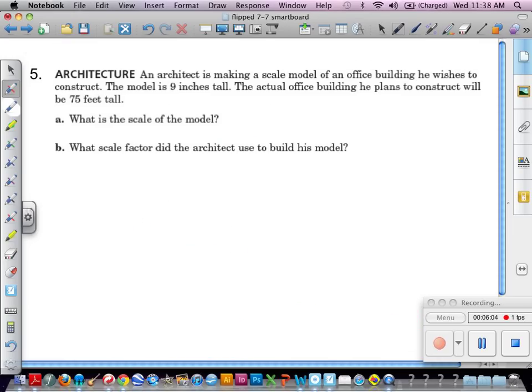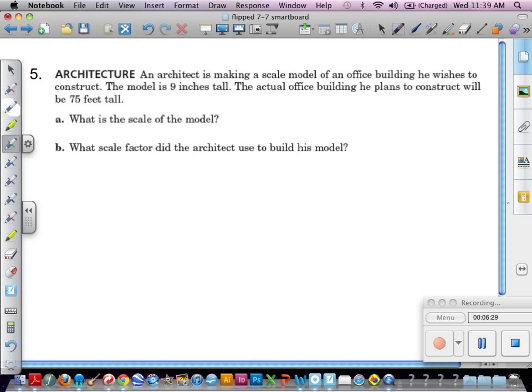Let's move on to our last problem, architecture. An architect is making a scale model of an office building he wishes to construct. The model is 9 inches tall. The actual office building he plans to construct will be 75 feet tall. And so again, we're asking for the scale of the model.